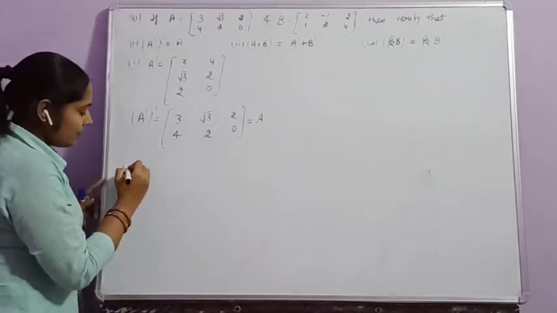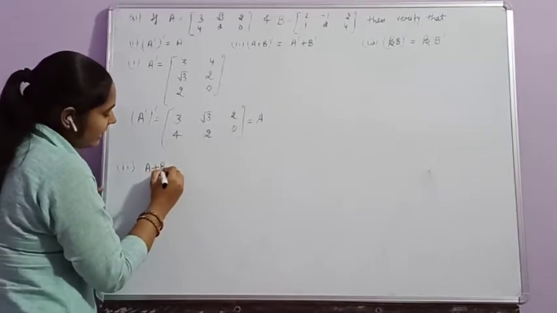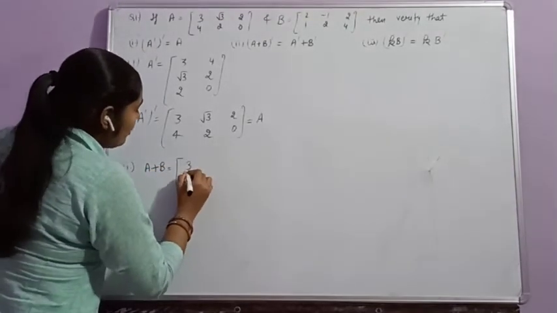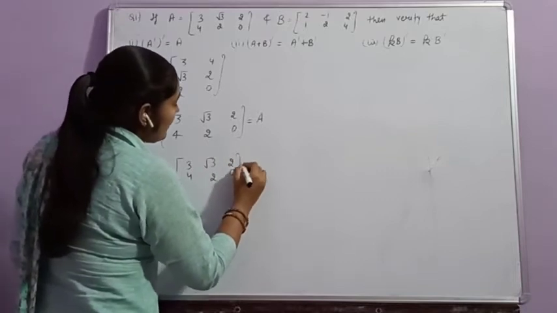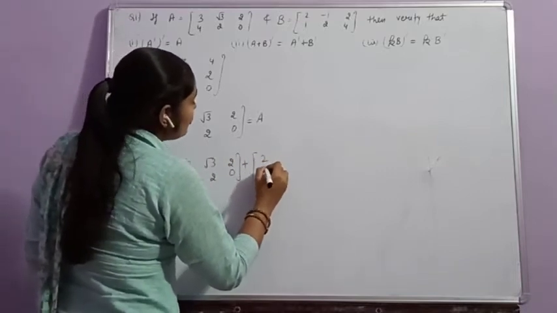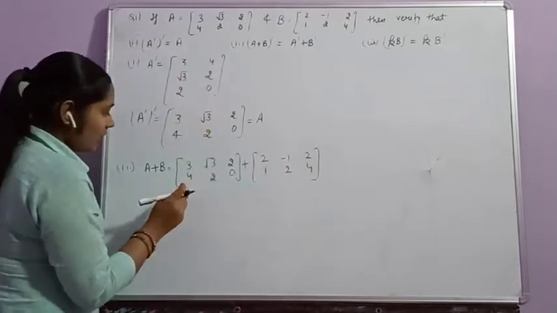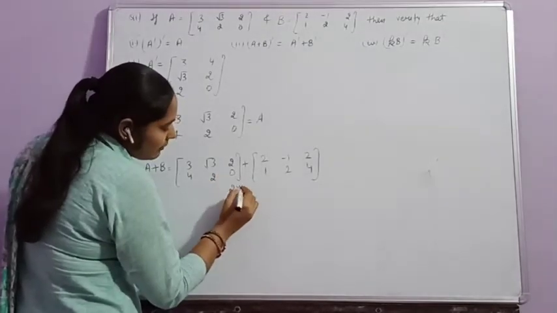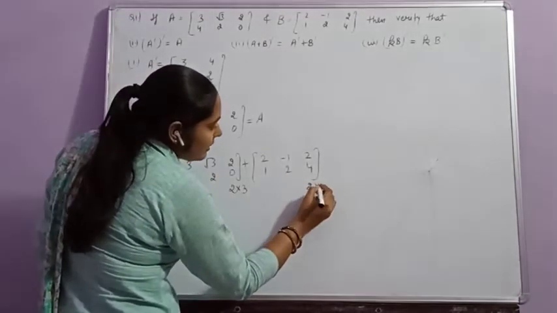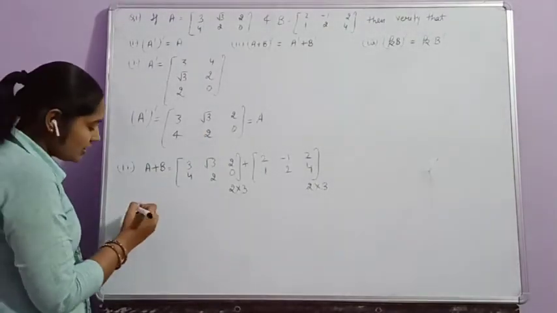Now second part, A plus B. Firstly we find A plus B. A is [3, 4, root 3; 2, 2, 0] plus B [2, 1, -1; 2, 2, 4]. The order of matrix A is number of rows 2 multiplied with number of columns 3. Similarly, B matrix is of order 2 cross 3. It means addition is possible.